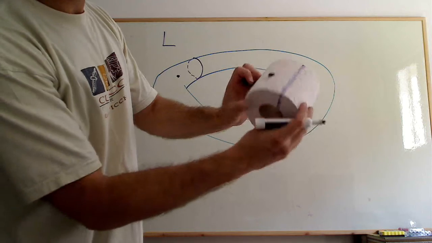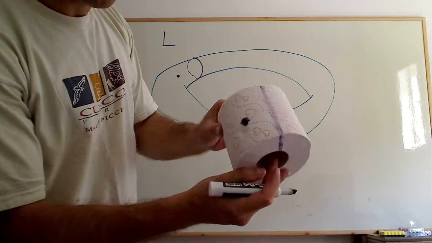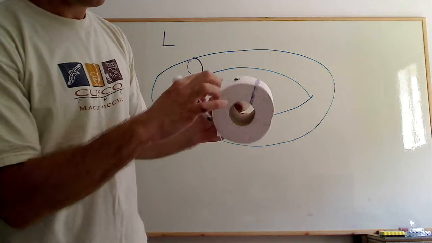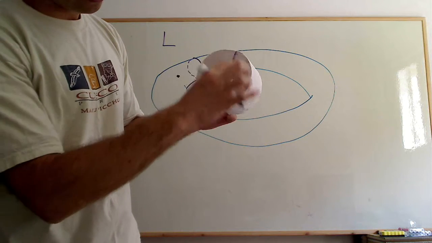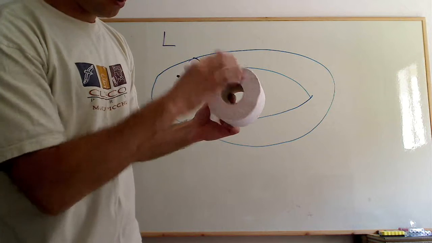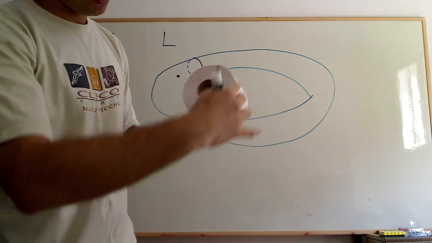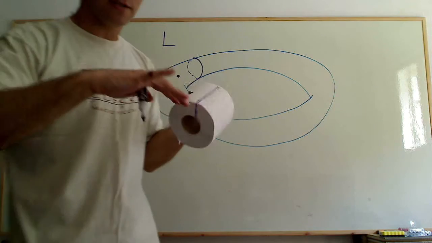So is it inside the curve or outside the curve? It has no meaning, because the little bug can walk here and can walk here, and there isn't inside and outside.